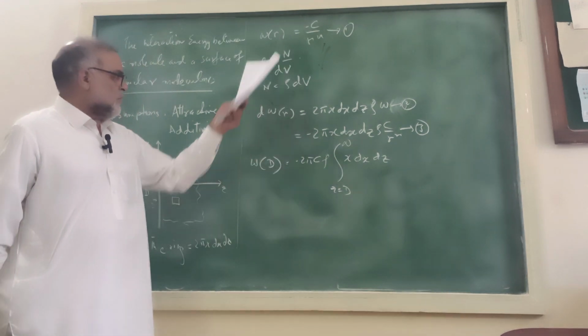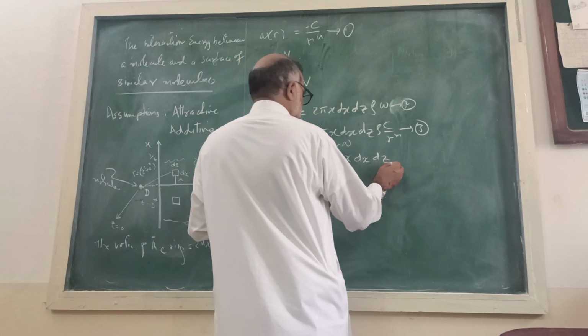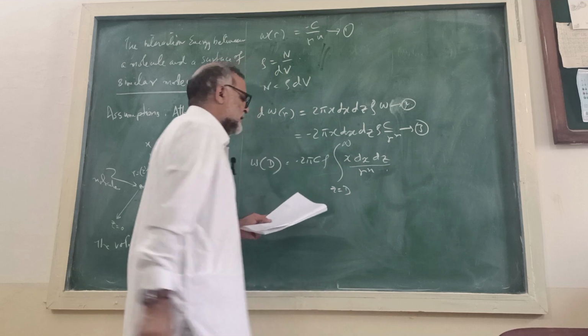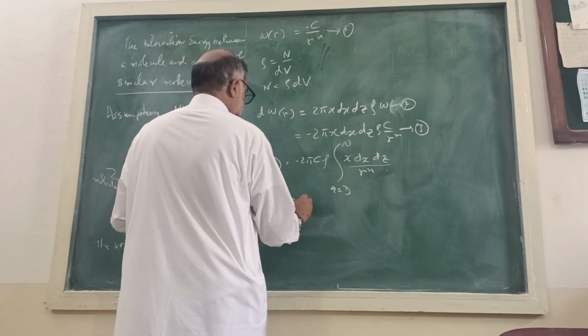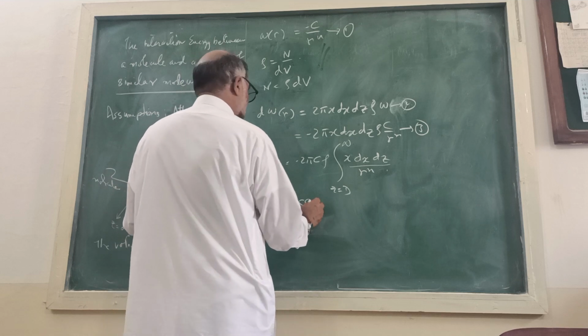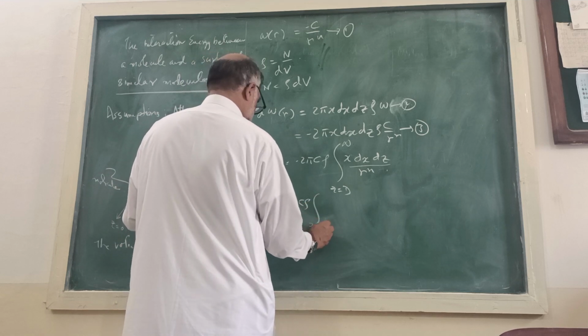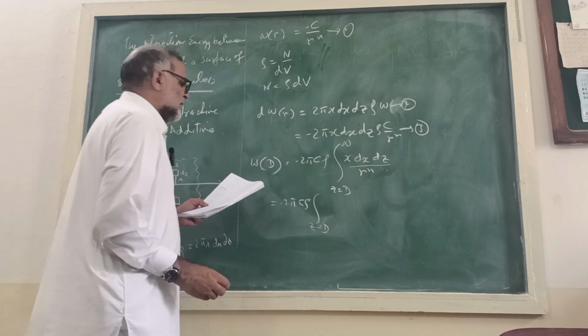We integrate over that value to the power n: minus 2 pi c rho, and 2 pi x.